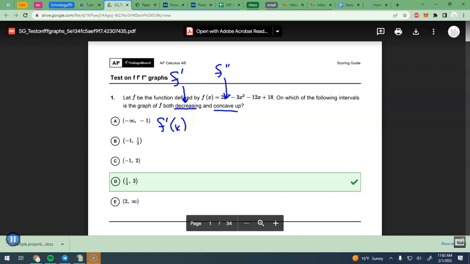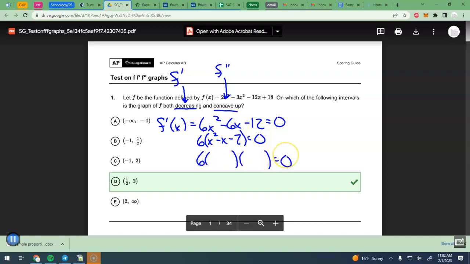So the first derivative was that 2x to the third, is that what that says? 6x squared minus 6x minus 12. I'm going to set that equal to 0 to get my critical points. I can take a 6 out, and then I can factor.